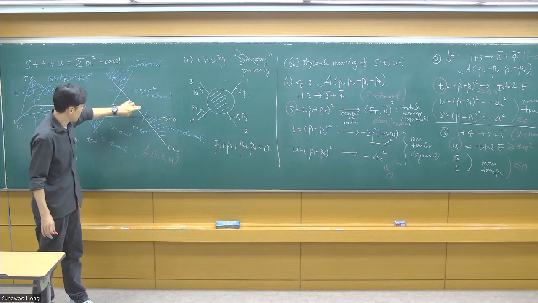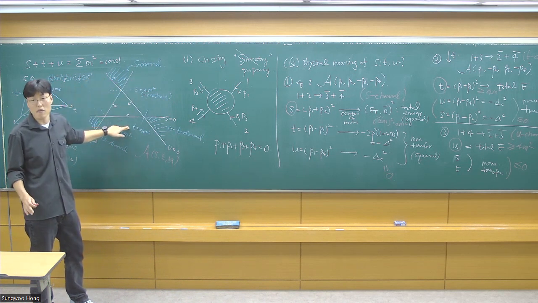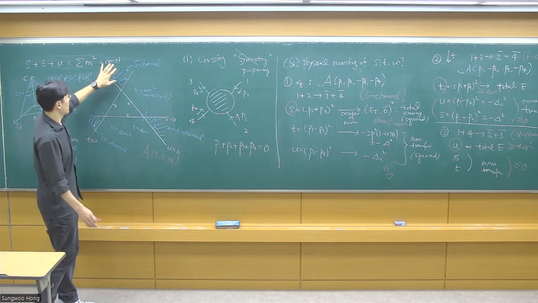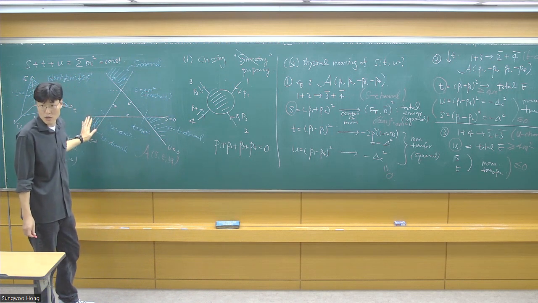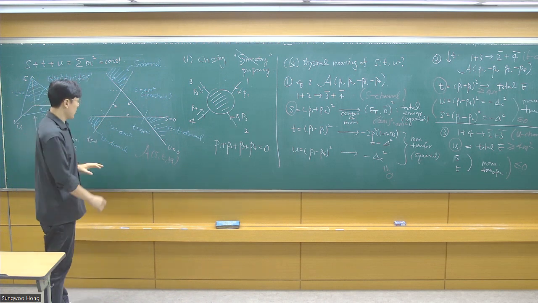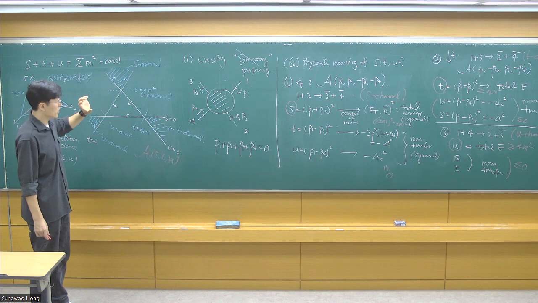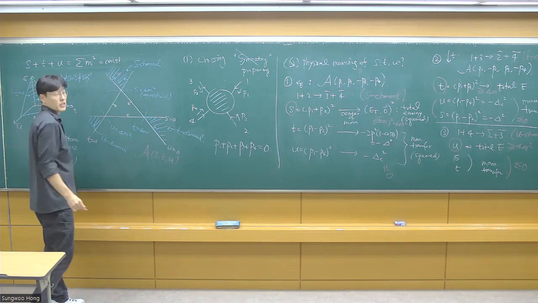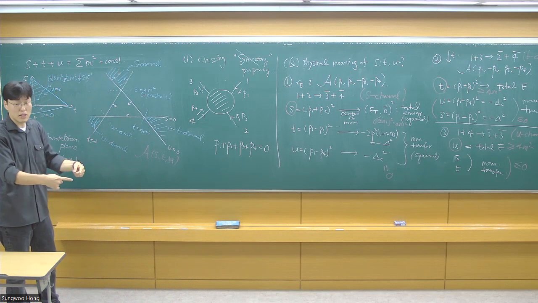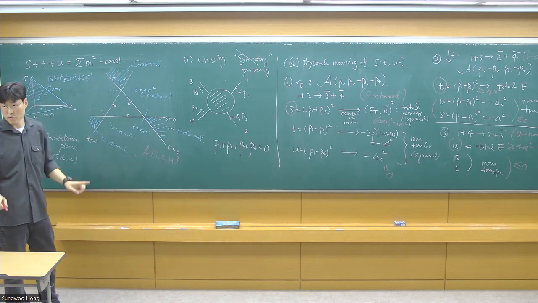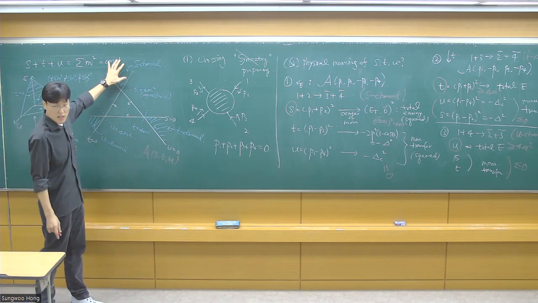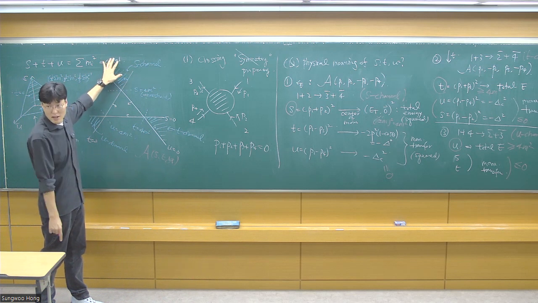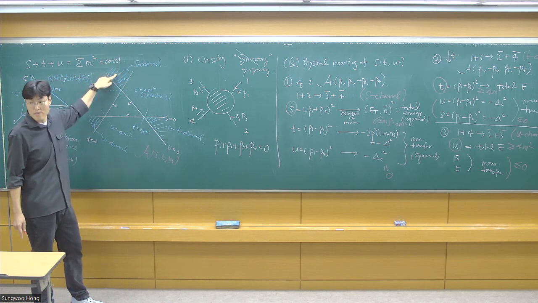But if you're somewhere here, there is no physical process that can ever possibly happen. So in that sense, this is the physical region for the S, T, U channel processes. Now I'm going to say it in words, and then I'll draw some arrows. Suppose you choose S, T, U such that you are somewhere here. Some physical process is happening: particles 1 plus 2 meet, and then spit out antiparticle 3 and antiparticle 4 with some energy. And you're happy. You have constructed a function of the real momenta that corresponds to the actual physical process.